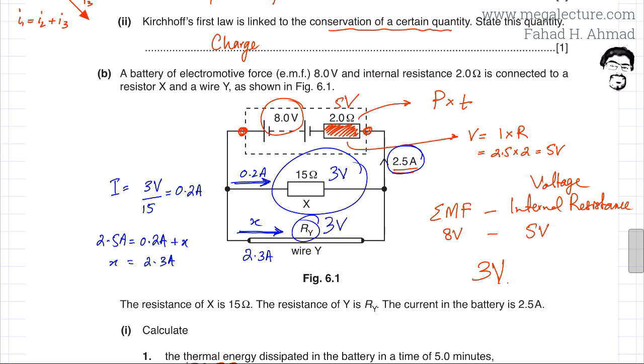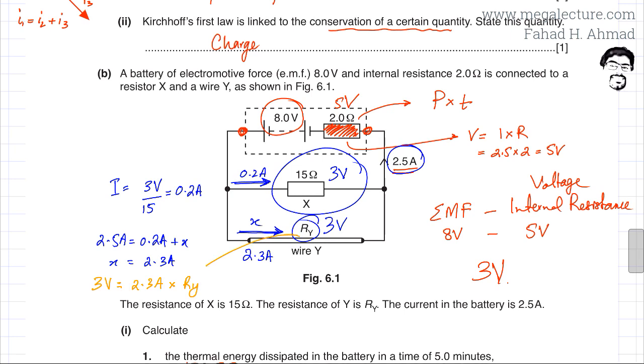Now finally I have the current passing through this wire and I have the voltage across it as well. So again I'm going to apply V equals IR. The voltage is 3 volts and the current is 2.3 amperes. So V is equal to I into R, where the resistance is Ry.